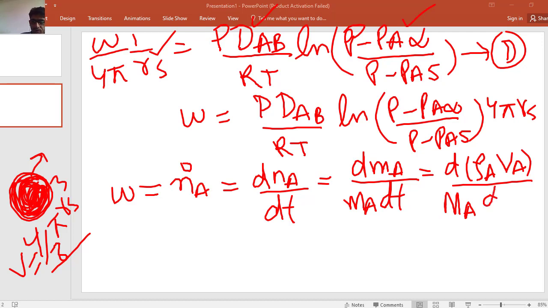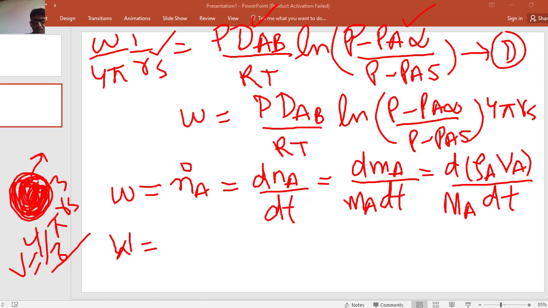So W is equal to d by dt of the volume of the sphere, 4 divided by 3 pi r cube, and we know that only the radius of the sphere changes with the passage of time. With the passage of time, the water evaporates into the surrounding air, and the radius or diameter of the spherical water droplet decreases.